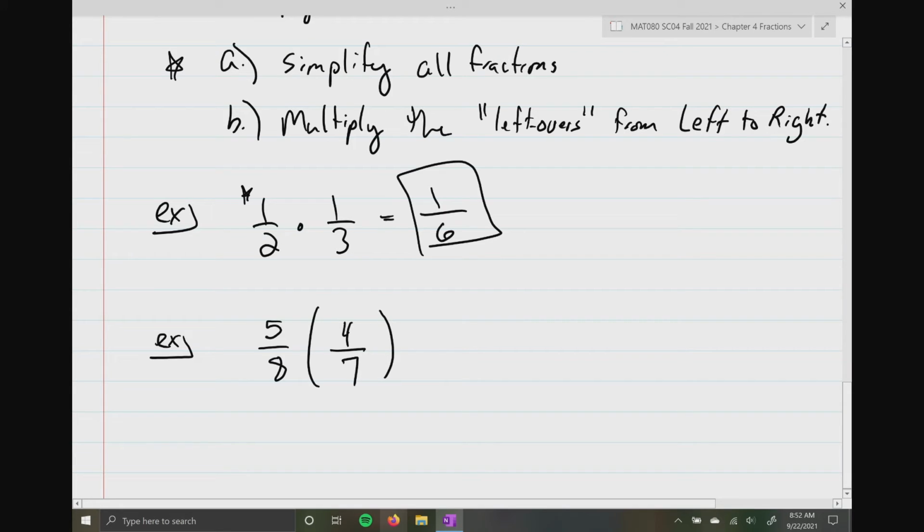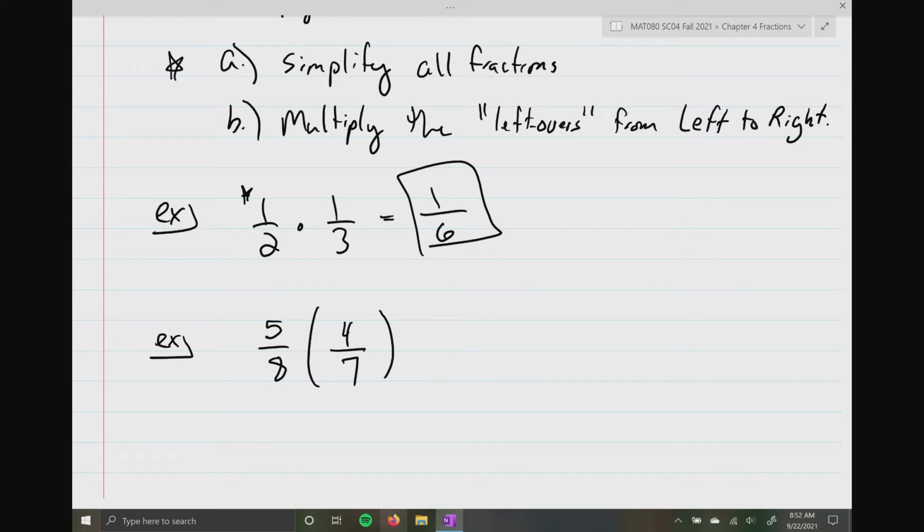So here's what I'm going to do. Back in the day, a lot of us would have taken 5 times 4, which is 20, and then 8 times 7, which is 56. And then you'd have to break down 20 over 56. And you could totally do that. But you're creating more work for yourself, because if you think about it, writing the prime factorizations of 20 and 56, they can get rather large.